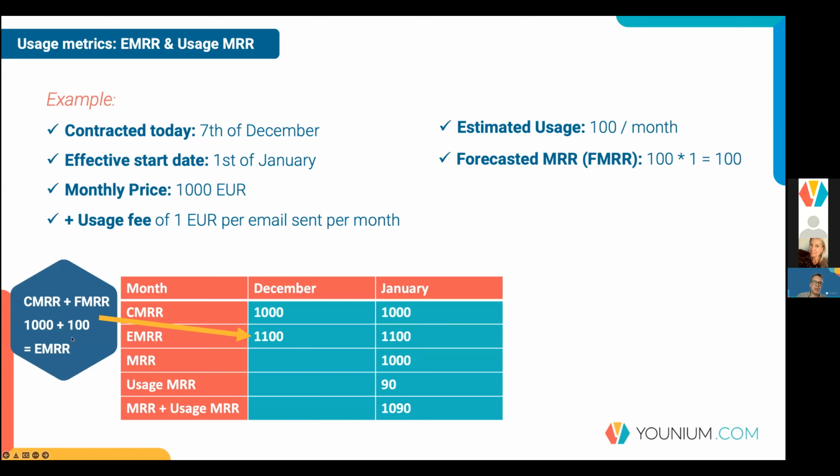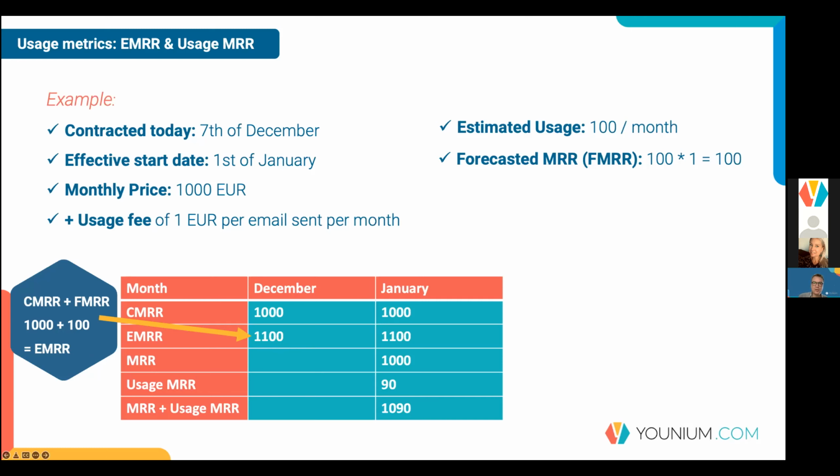But then we can also add the FMRR to add that up to the EMRR. So then we have the CMRR and FMRR combined. So we can see that they're gonna pay this 1,000 flat monthly price, but also 100 more per month, because that's what we think they will pay for the usage-based part, right?